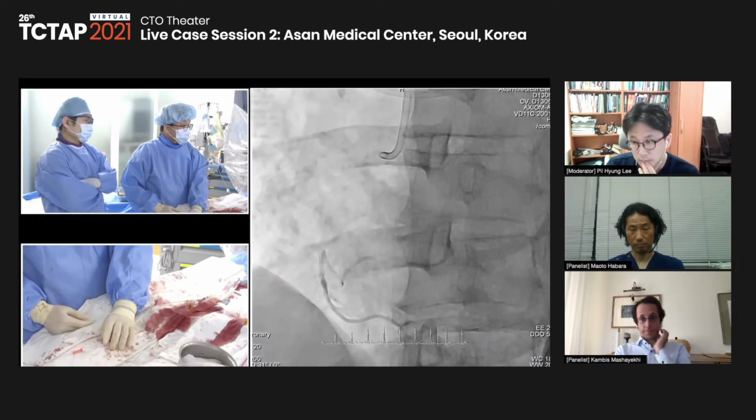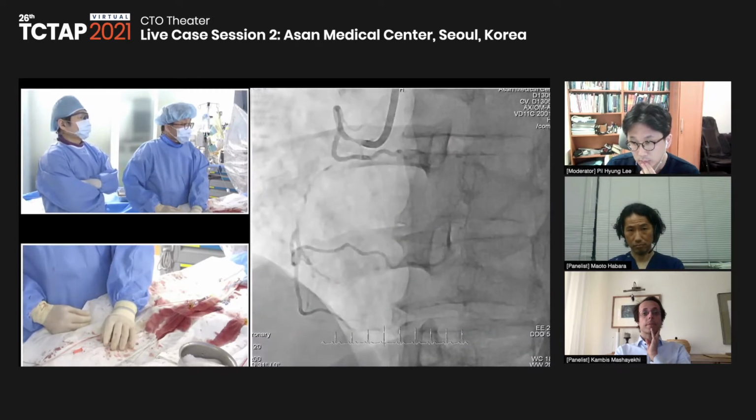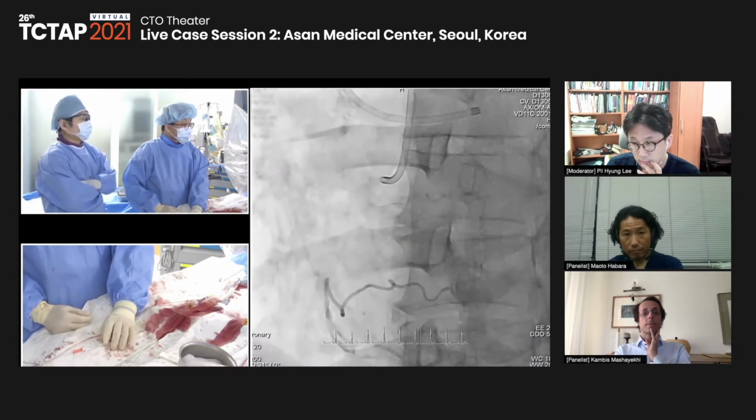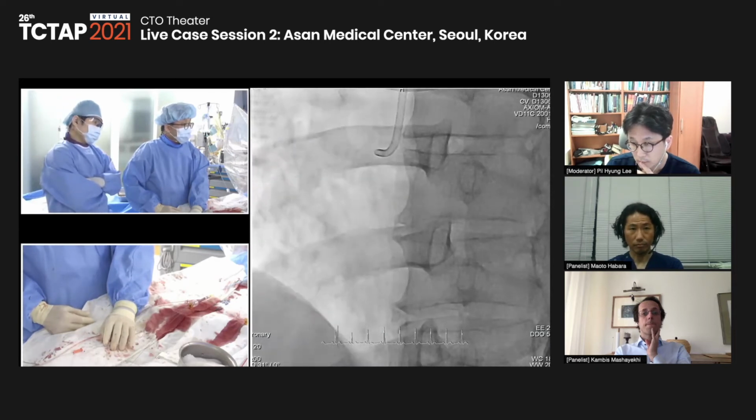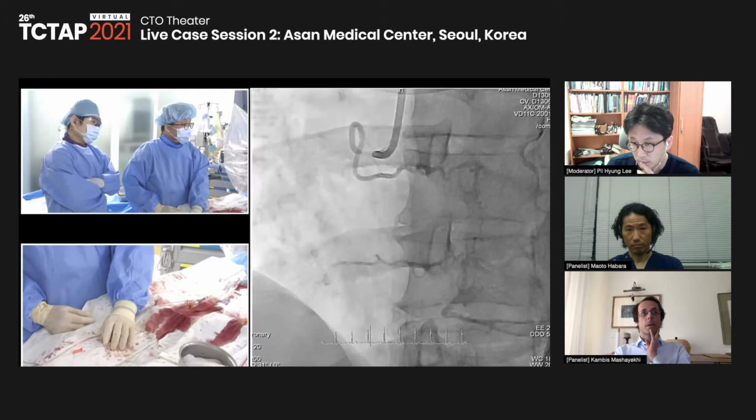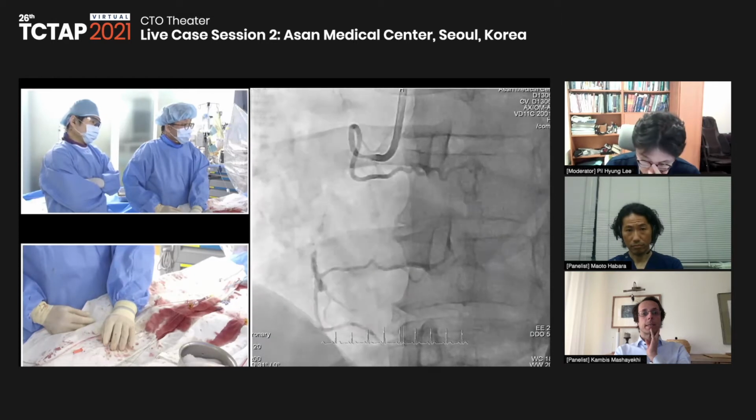That's a good point. The bad point is that the starting point is very short, and I'm not sure whether I can negotiate the proximal cap.